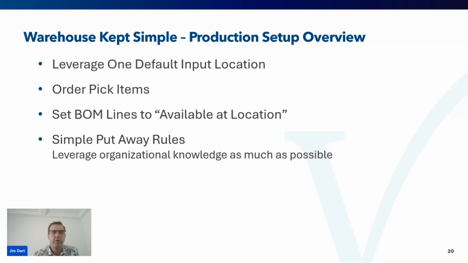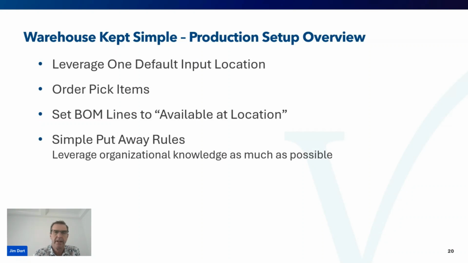This third bullet there, set the BOM lines to available at location, is a flushing principle in the warehouse management system that allows materials that have been moved into the production area to automatically be consumed. So thereby, it reduces an additional transaction that might have previously needed to be made, but that is a setting within warehousing that can simplify the transaction processing in the production area.